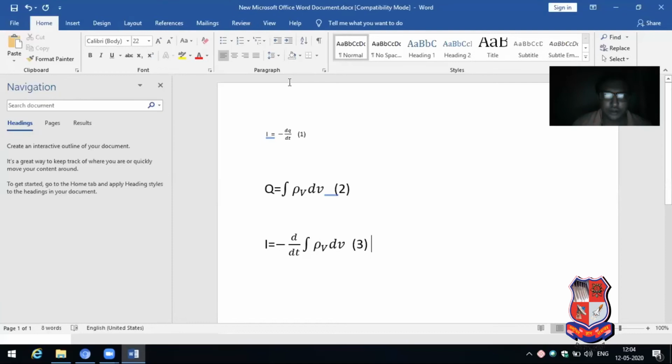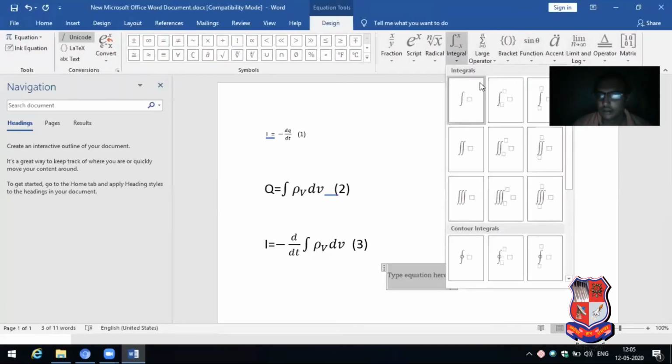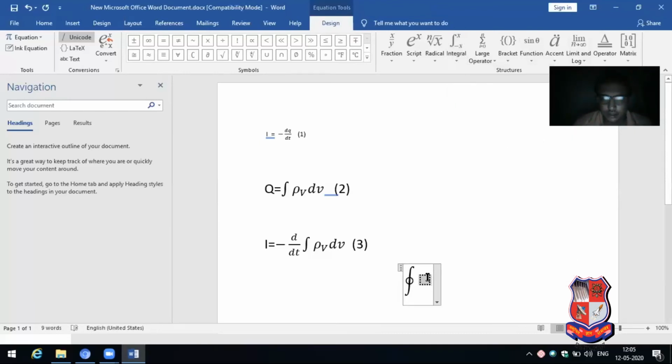Now put this value: I equal to closed integration J dot dS. J dot dS equal to I. Now see, this is the volume.